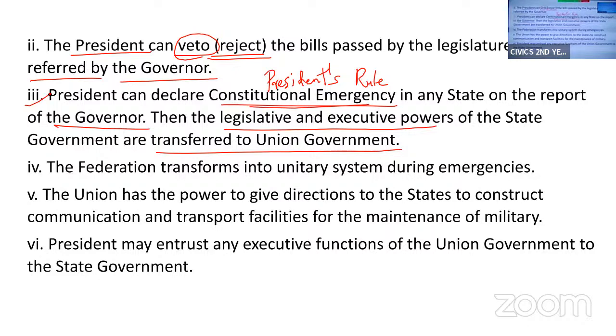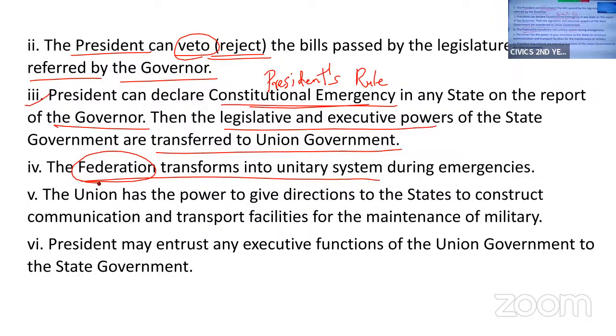Next, when there is a national emergency, a federation transforms into unitary. During national emergency, the state government's powers are transferred to the union government. Like in India, we have a federal form of government where we have two governments, central government and state government.